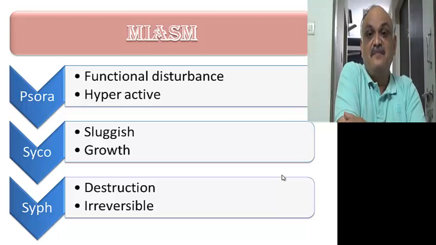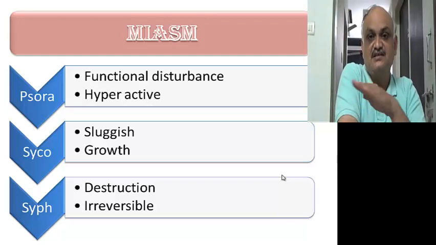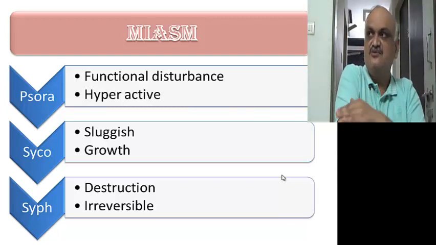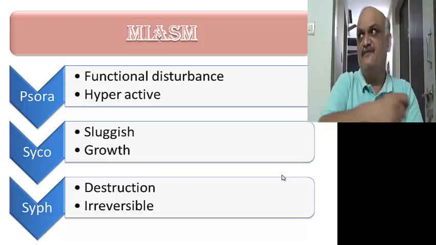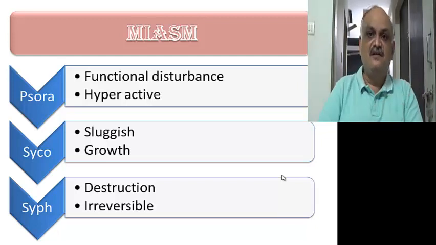And if the complaint is destructive, or in the case the personality has some destruction, in fears has destructive fear like somebody is going to kill me, or dreams like a person just comes and kills everybody in the house, that kind of dream, then you have to select the syphilitic remedy.